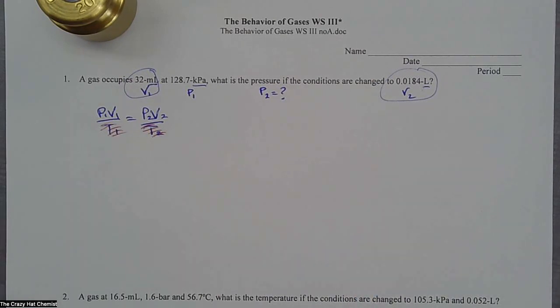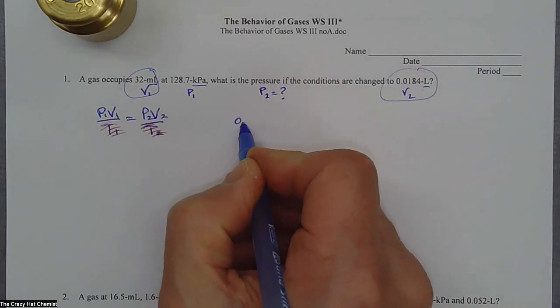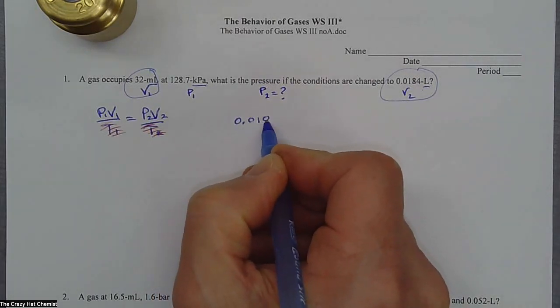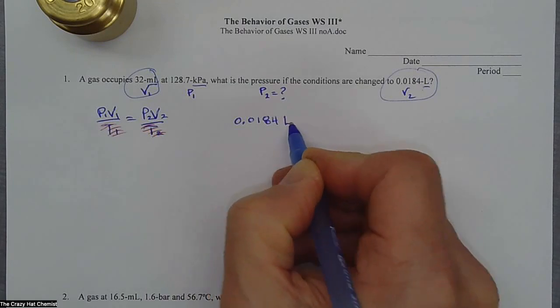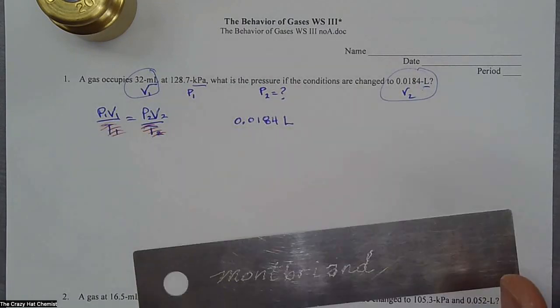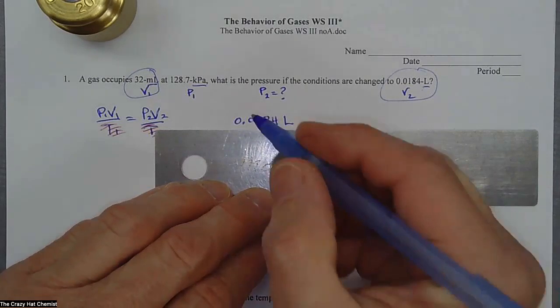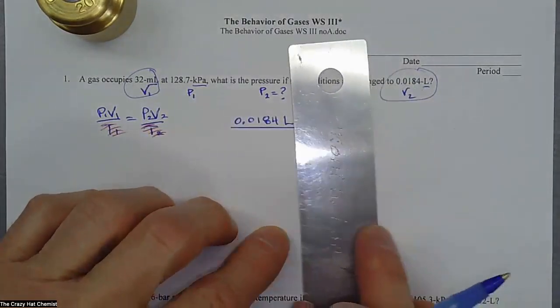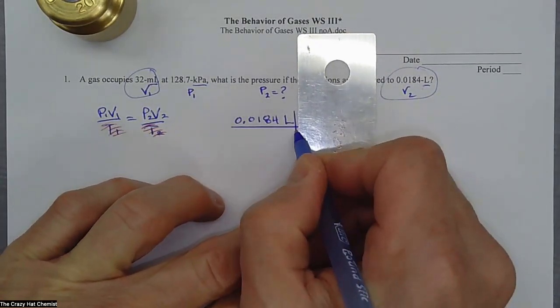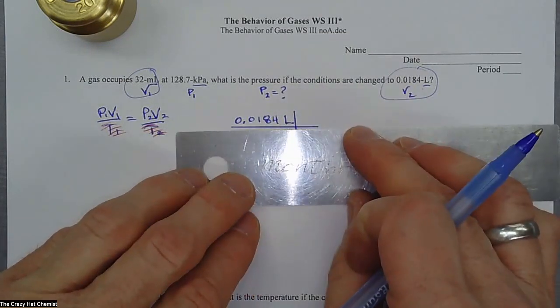What we're going to do this time is convert the 0.0184 liters into milliliters. So here we go. A little bit of unit canceling right here. Not too bad. This is a really easy, simple one.